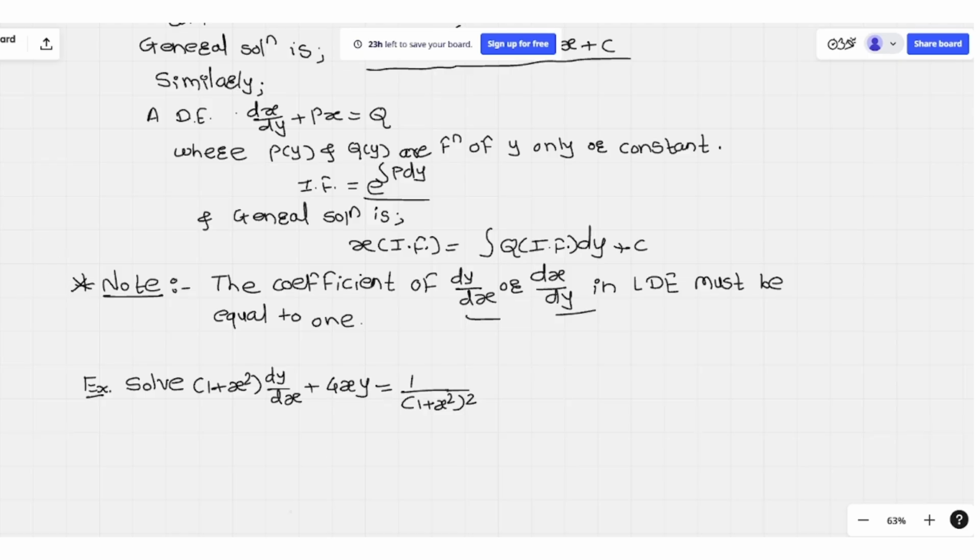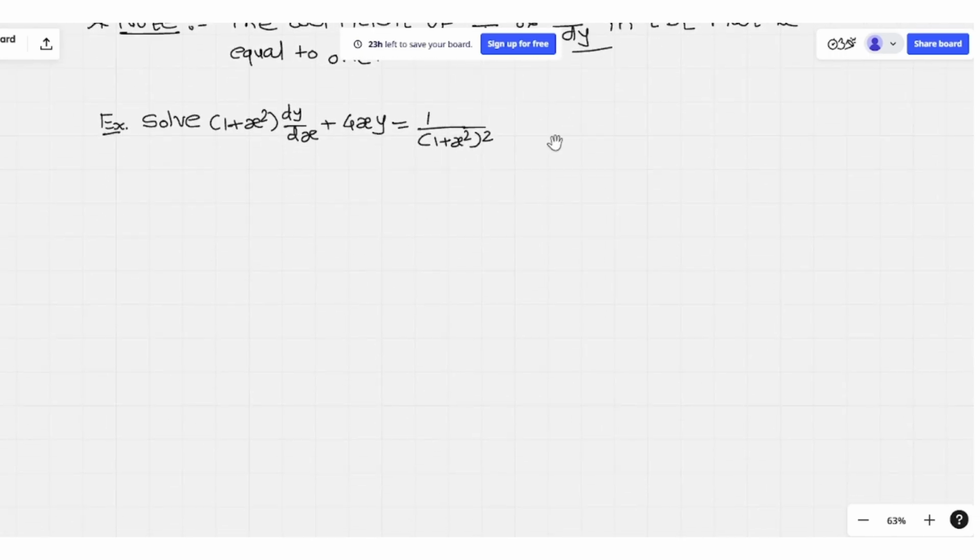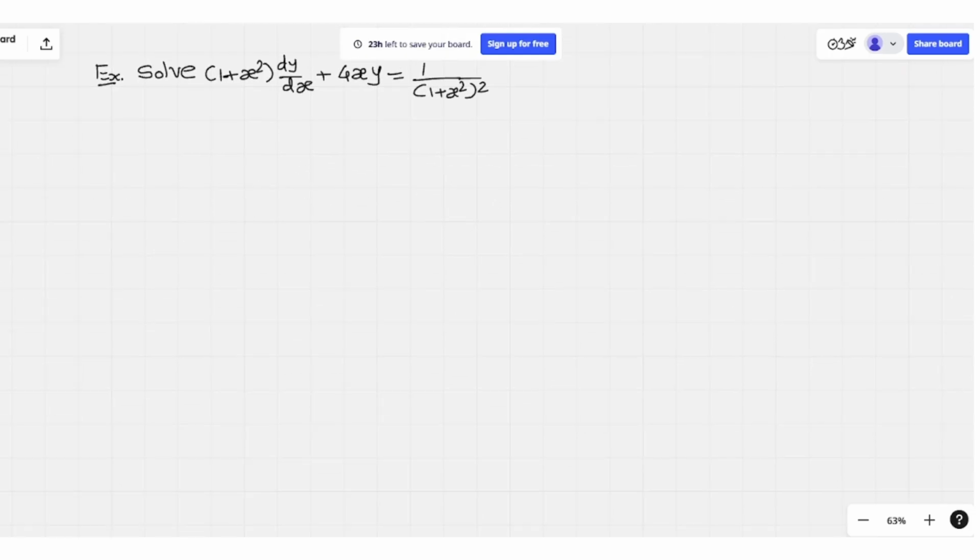So here, as we discussed above, the coefficient of dy by dx or dx by dy in a linear differential equation must be equal to 1. So here we divide the above differential equation by the 1 plus x square term.